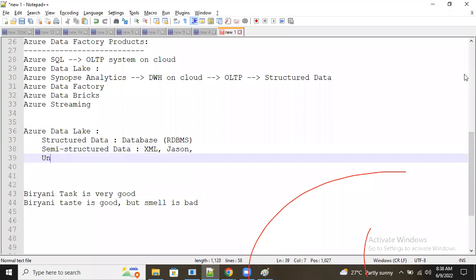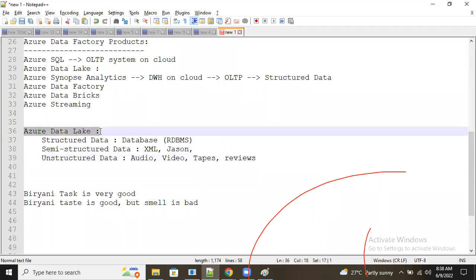Unstructured data is your audio files, video files, recordings, or any tapes, reviews. So Azure Data Lake is a place where you can store and maintain structured, semi-structured and unstructured data.